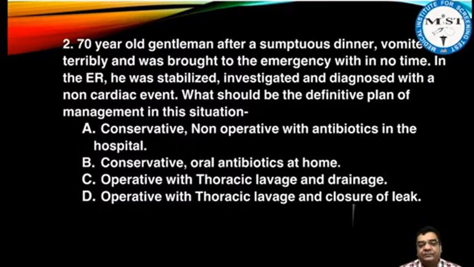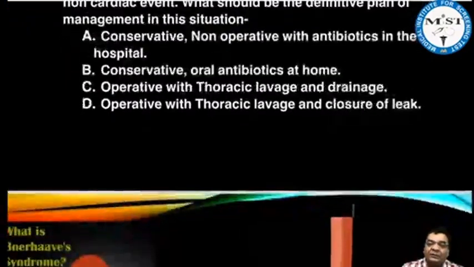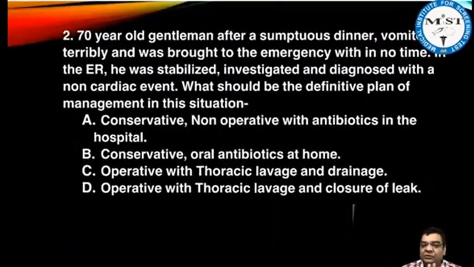So herein, first of all, we should know what can be the diagnosis. I hope there is no doubt in making the diagnosis of this condition. This is a clear-cut picture that the patient after heavy meals, forceful vomiting, was brought in the casualty, there was no cardiac event.